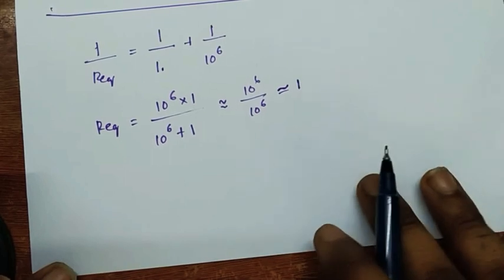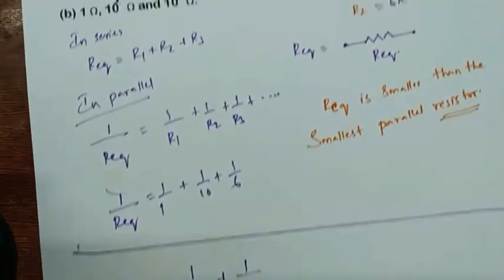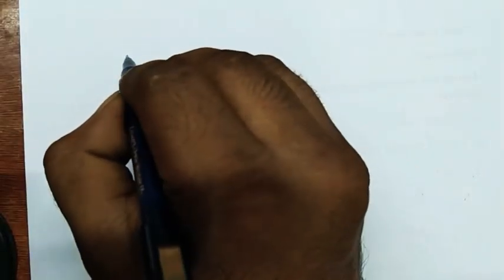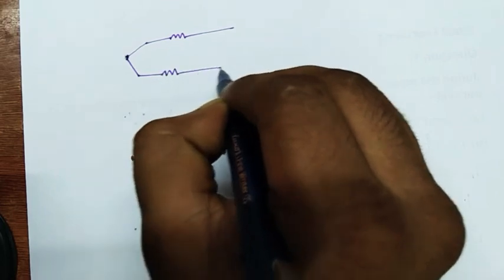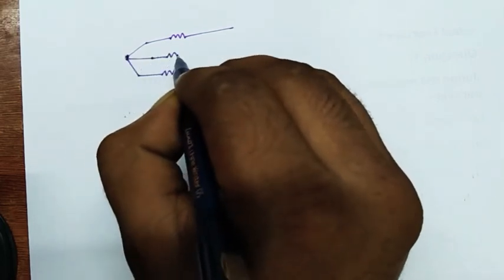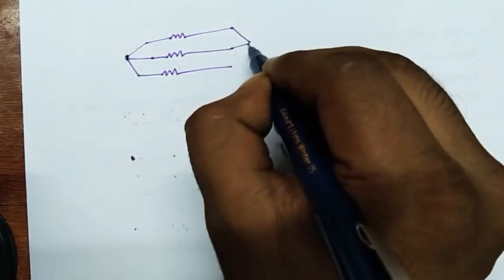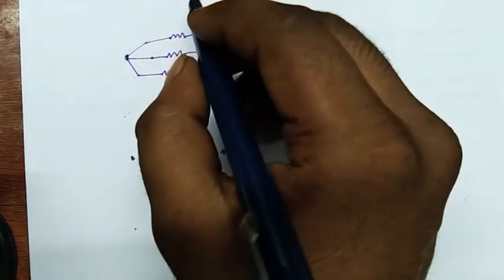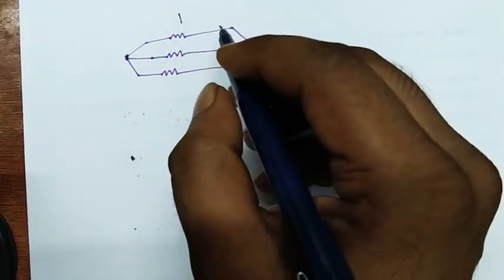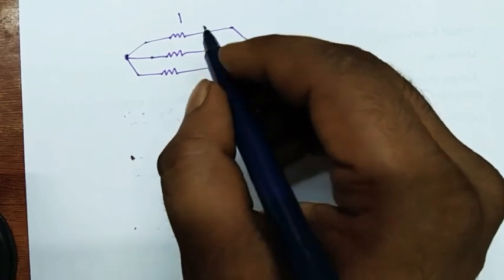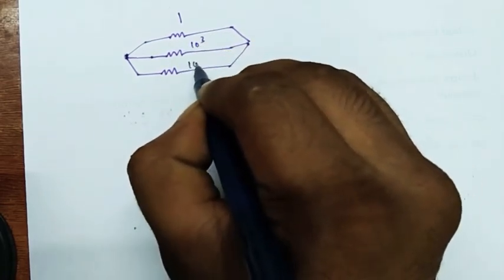And the second one is 1, 10 power 3, 10 power 6. So we are going to connect three now: this is one resistance, this is the second resistance, and this is the third resistance. One resistance is 1, another is 10 power 3, and this one is 10 power 6.